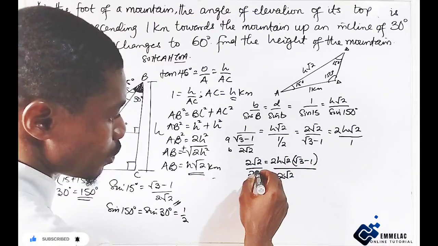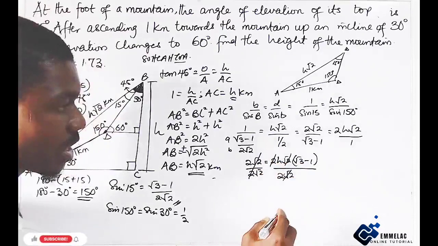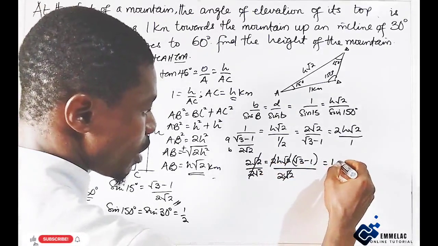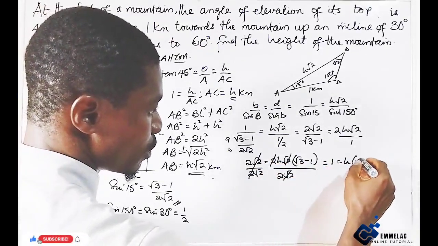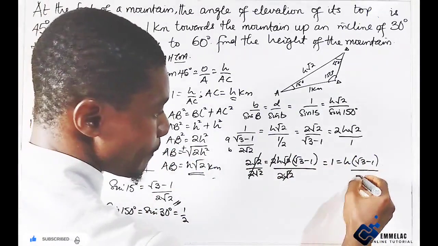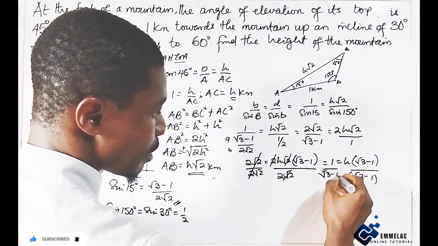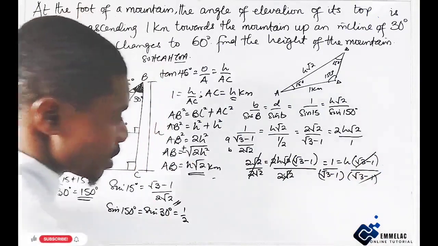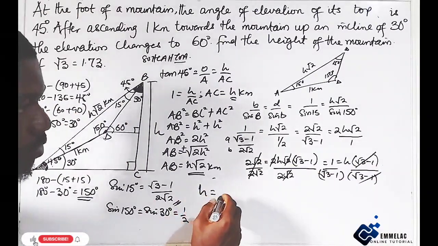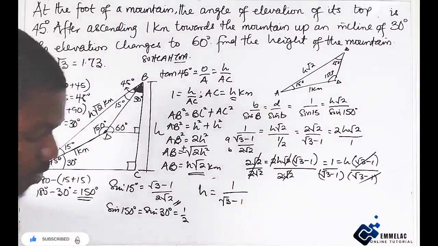This will eliminate this, so we are left with 1 equals h times root 3 minus 1. So we divide through by root 3 minus 1, and this will eliminate this. Our h will now be 1 over root 3 minus 1.